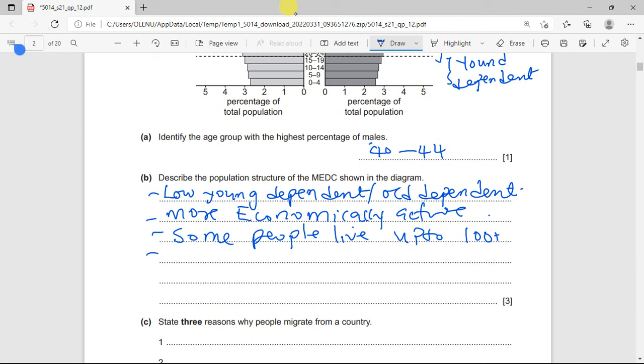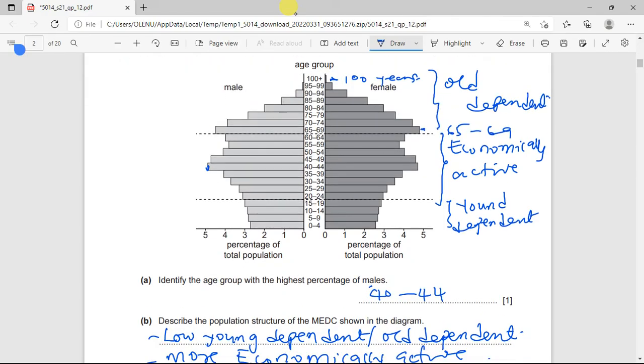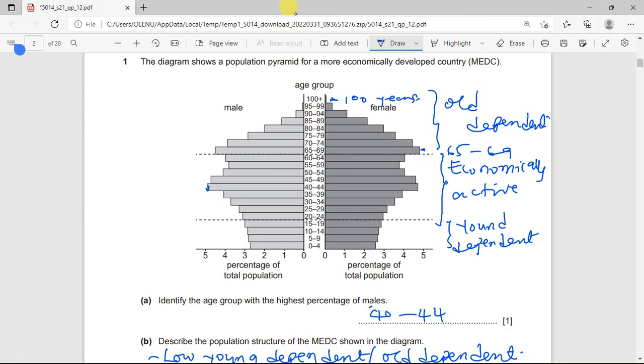You can also give the largest female group, which is within the age of 60 to 65, around 5% of the total population.